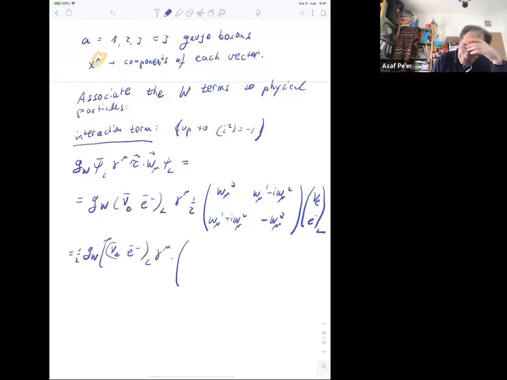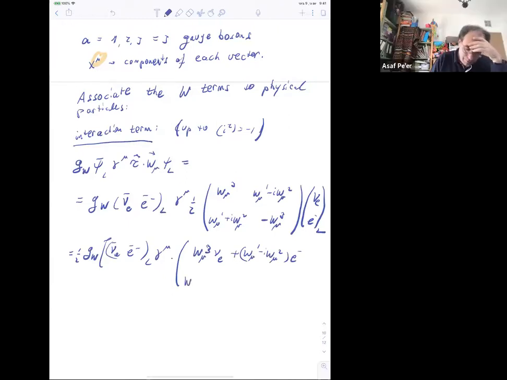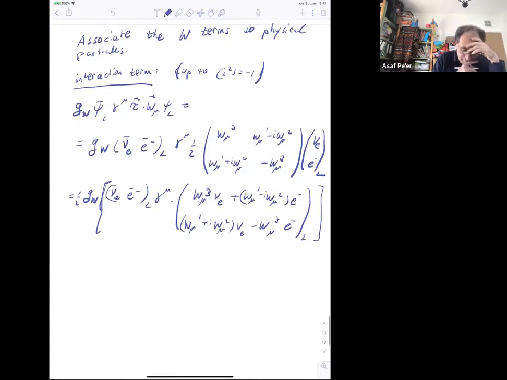And then we have W_μ^3 ν_e, plus W_μ^1 minus i W_μ^2 electron, and then W_μ^1 plus i W_μ^2 neutrino minus W_μ^3 electron, L, all that. So again, let's multiply everything here.